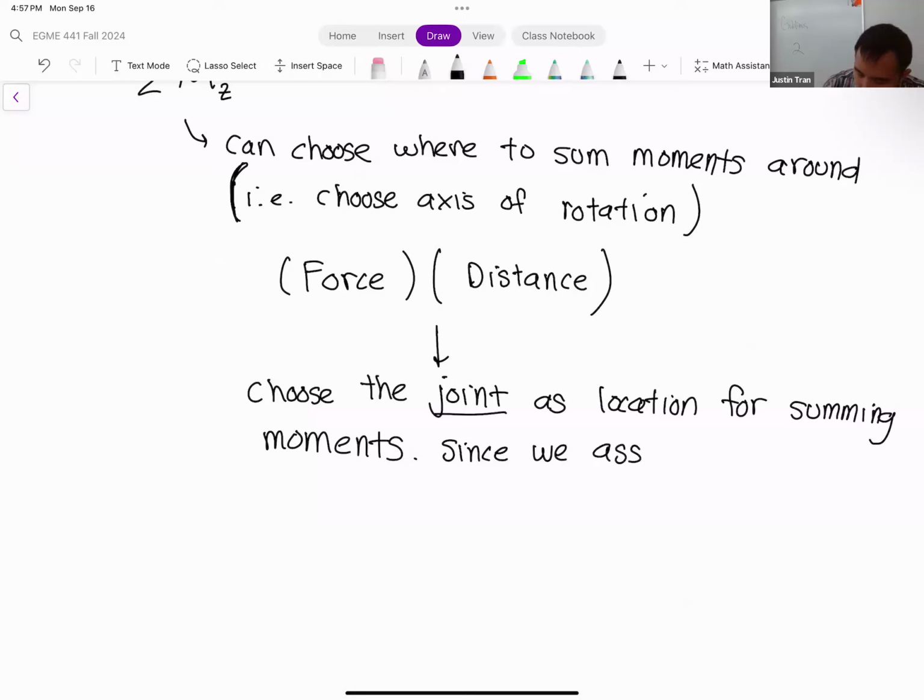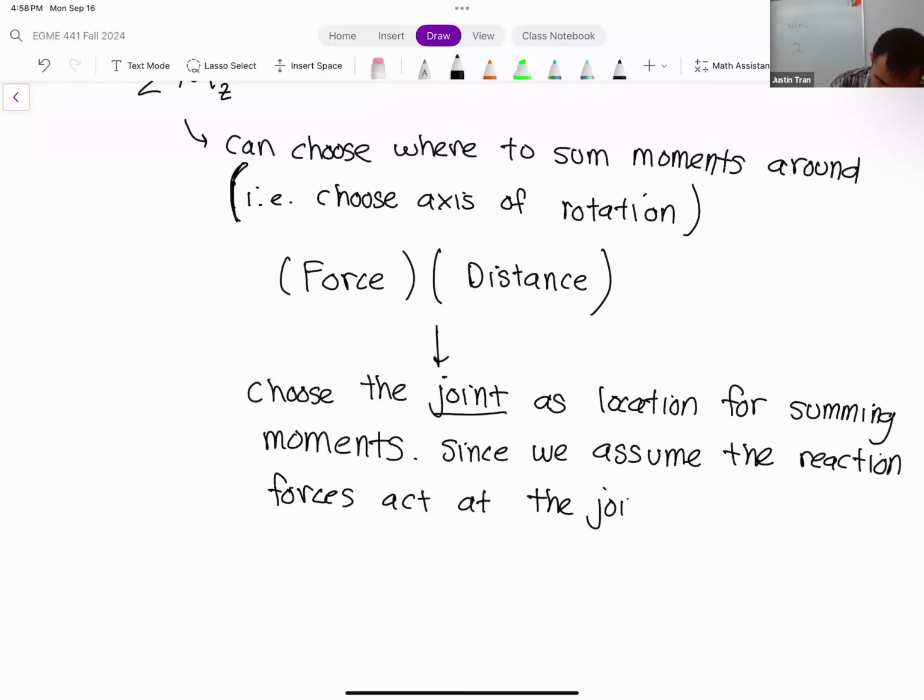Since we assume that the reaction forces act at the joint itself, if we choose that as our axis of rotation, then the joint reaction forces are not going to show up in the moment equation, because the distance between the joint reaction force and the joint itself is 0.